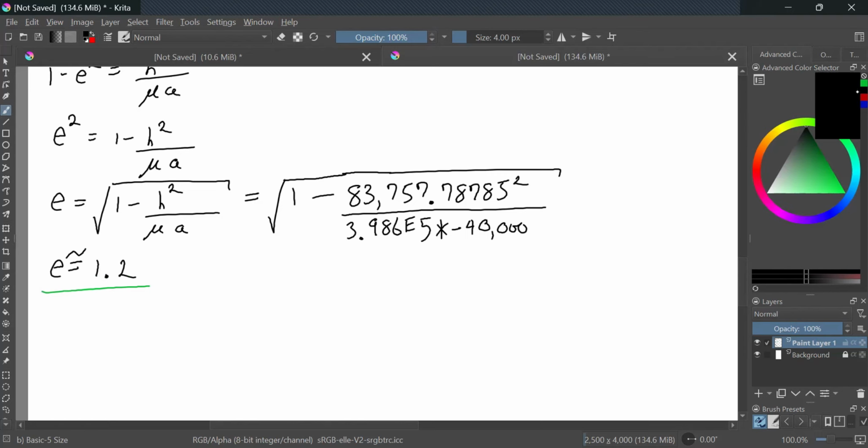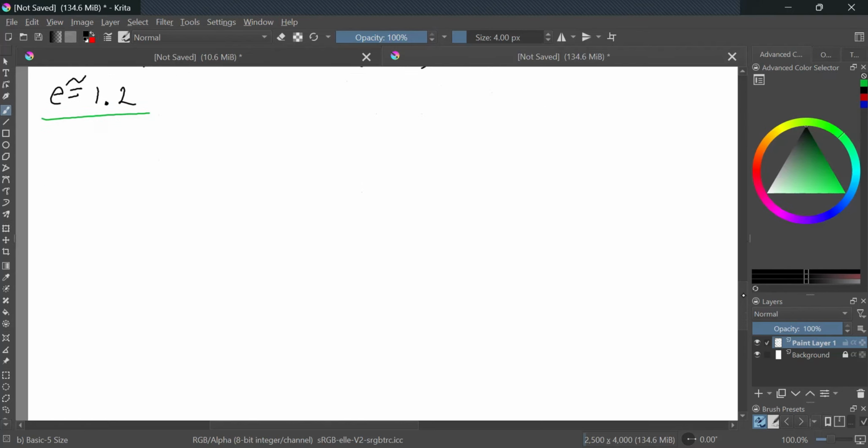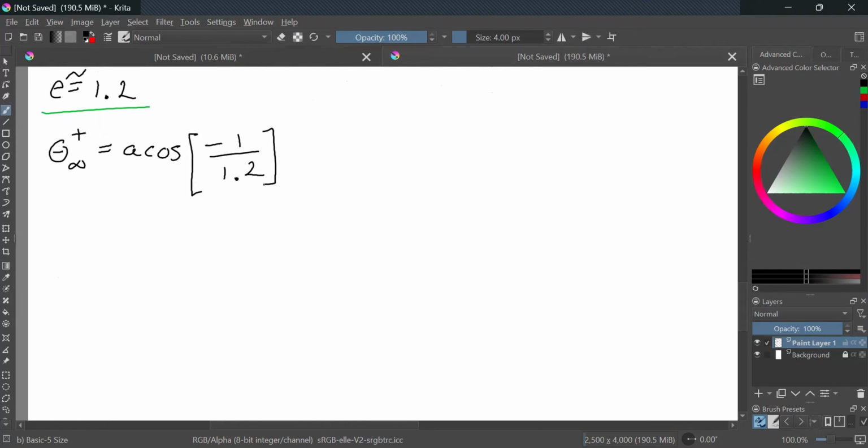All right, so we have an eccentricity value, which is what we've been searching for. So let's plug it in to our outbound angle equation, which is arc cosine of minus 1 over 1.2 to give us a value of 146.44 degrees.